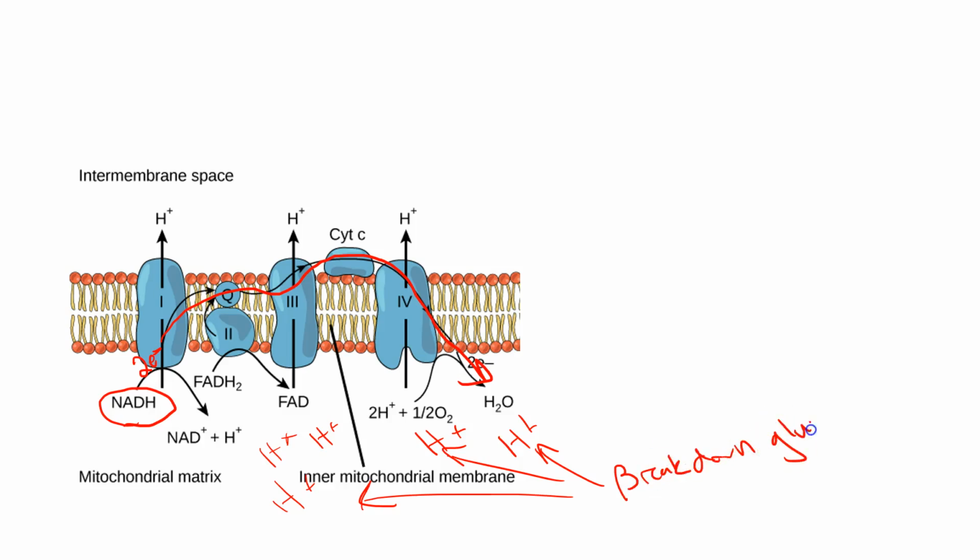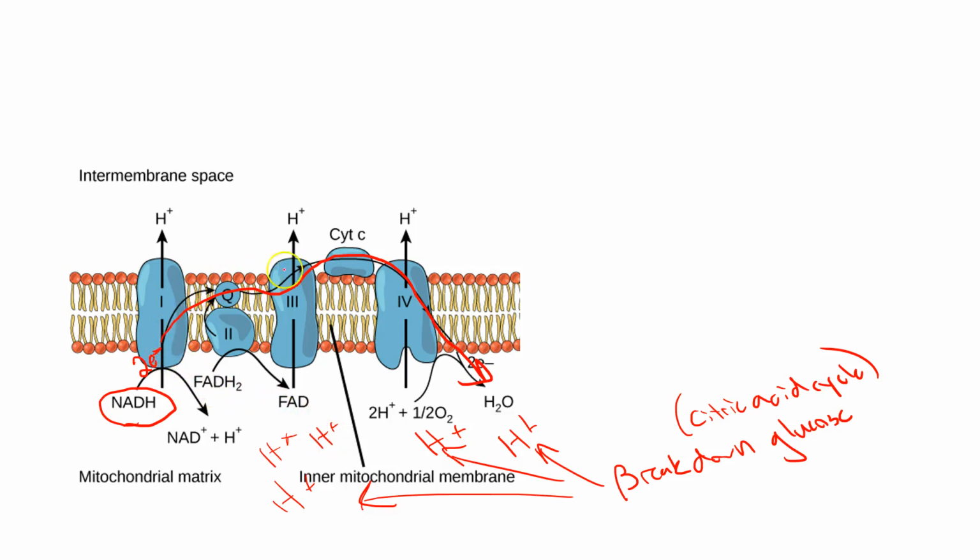Okay, so when glucose is being broken down, specifically this is the citric acid cycle, when that acetyl-CoA is being stripped of all of its electrons and protons and everything, you've got a whole accumulation of protons here, all right?